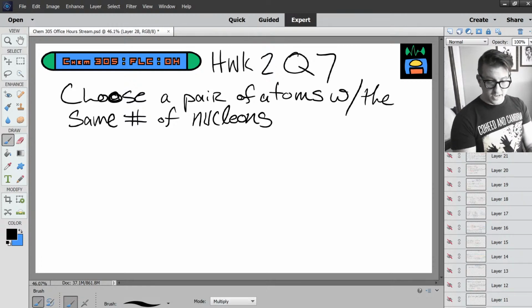The key to this one is remembering that nucleons is a term that means protons and neutrons.